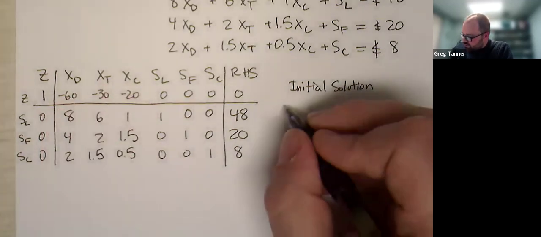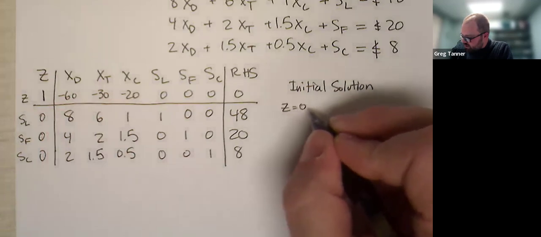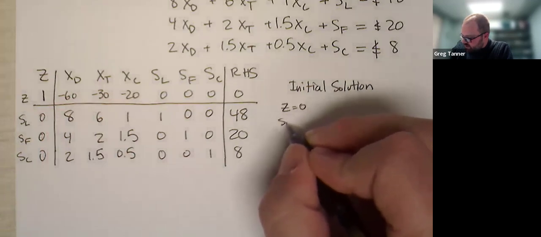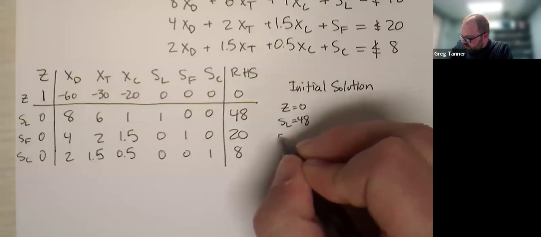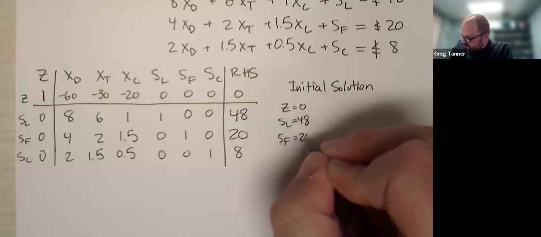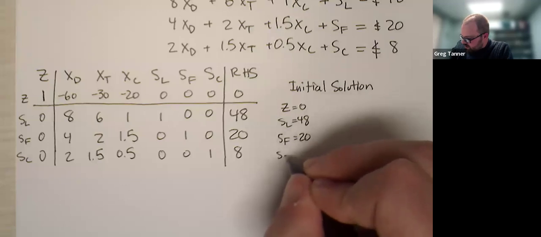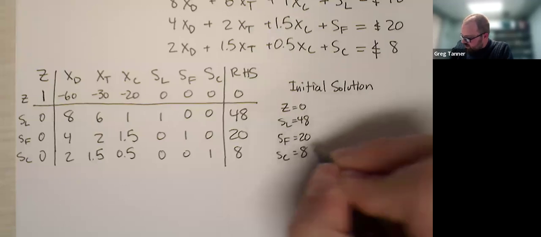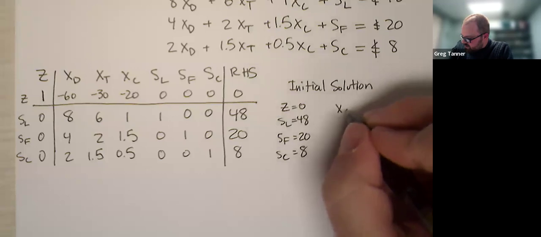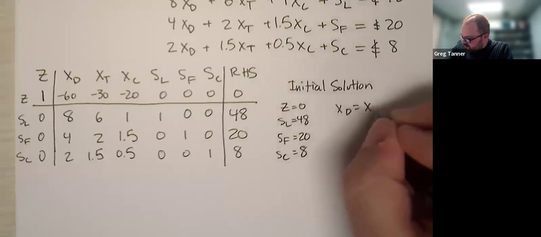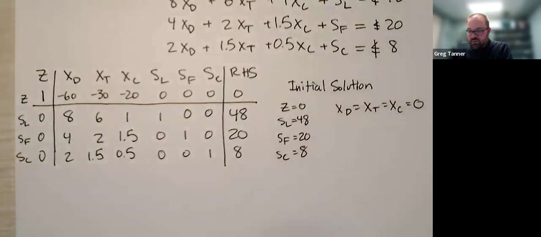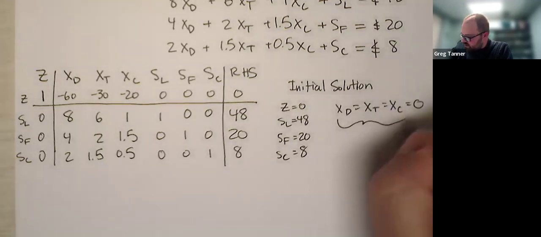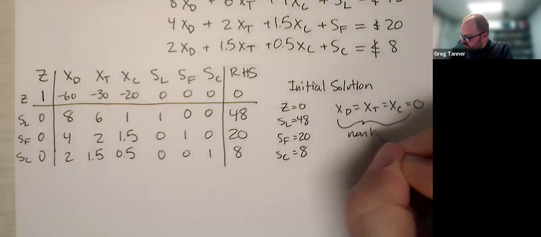And so our initial solution is Z equals 0, SL equals 48, SF equals 20, and SC equals 8, and XD, XT, and XC are all 0. Okay, and that's because these ones are non-basic.